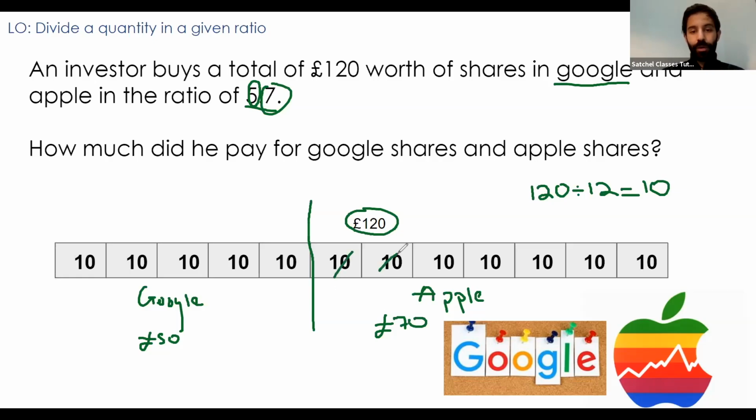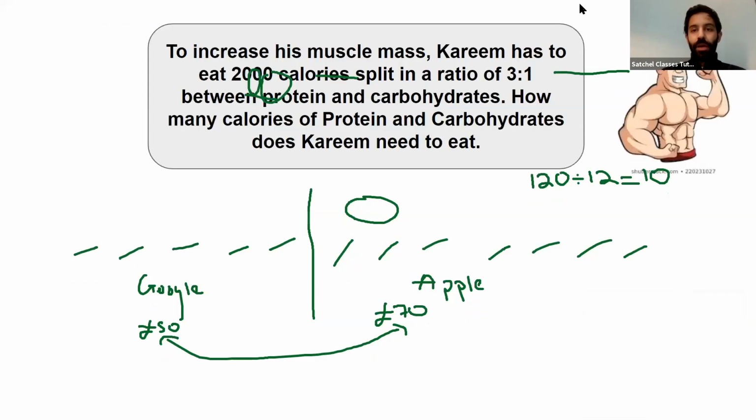So 10, 20, 30, 40, 50, 60, and 70. And likewise here, 10, 20, 30, 40, and 50. And once again, 50 plus 70 will give us a total of 120. So we know we've done our calculations in the right way. Right, moving on to the next example.